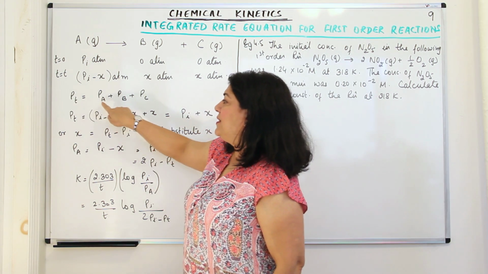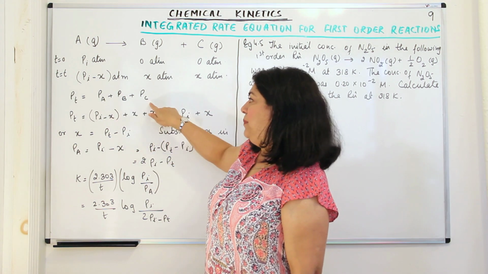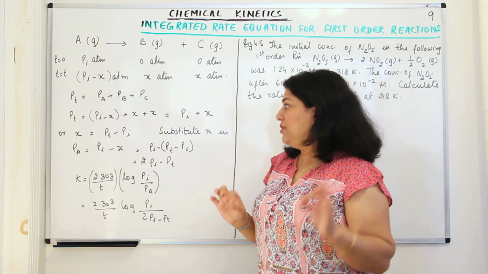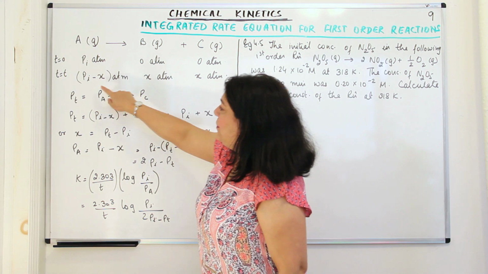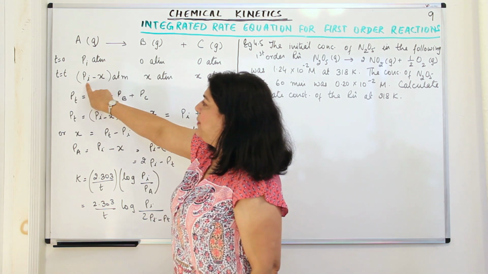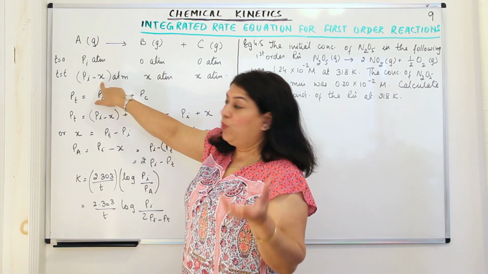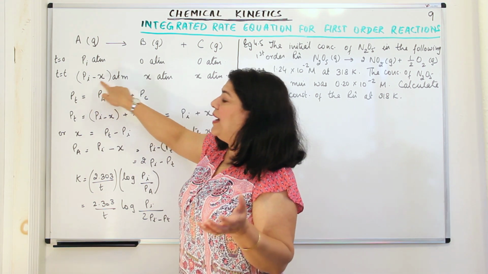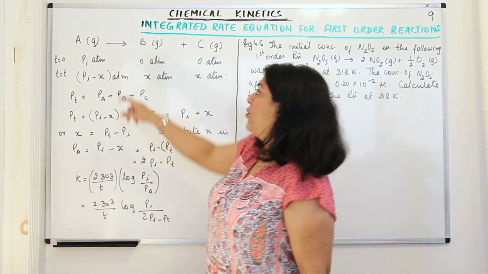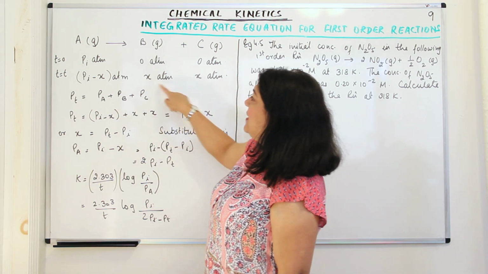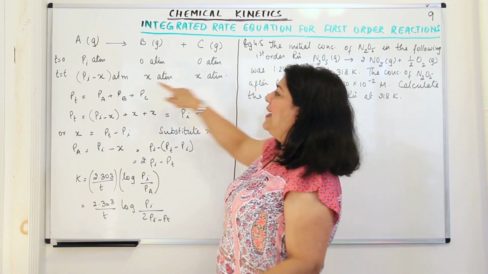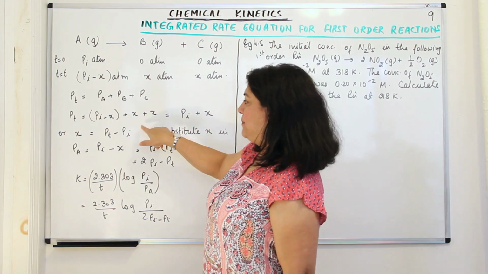The total pressure is the sum of PA, PB and PC, partial pressures at time T. This total pressure, if we talk in terms of this, PA, what is PA? PA is Pi minus X. Whatever the initial partial pressure was, minus X. That is the partial pressure of A at time T. And the partial pressures of B and C at time T are X and X. So we substitute that.